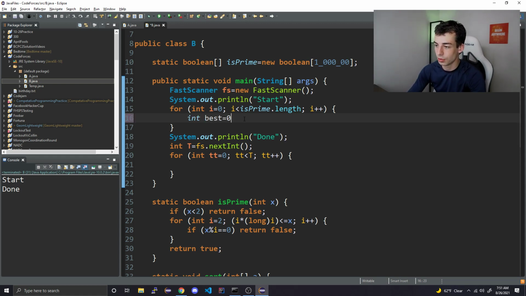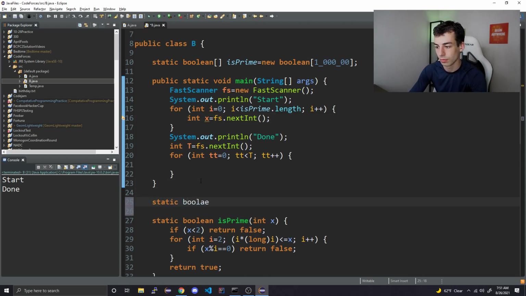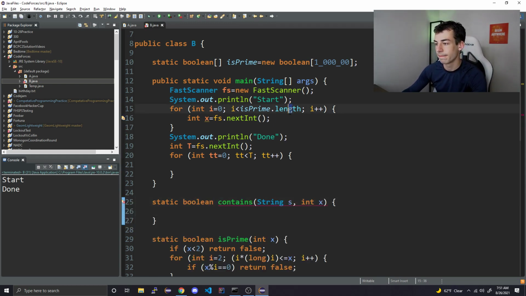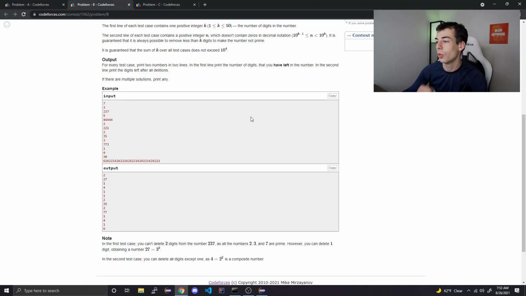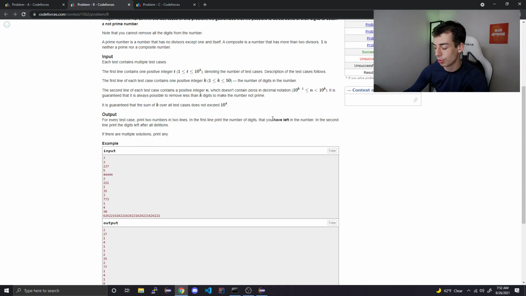So int best equals 0, I guess. Okay, so this needs to be a string. And for int small equals... wait, you want to have the number left be not prime, yeah.